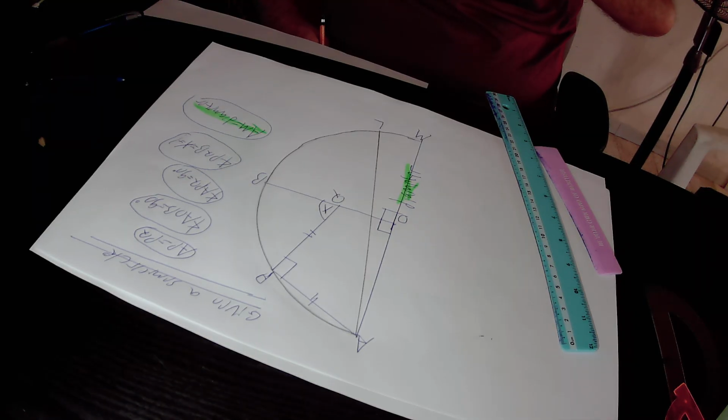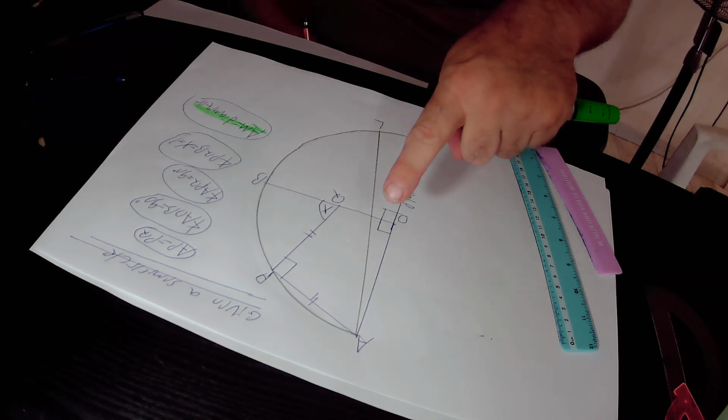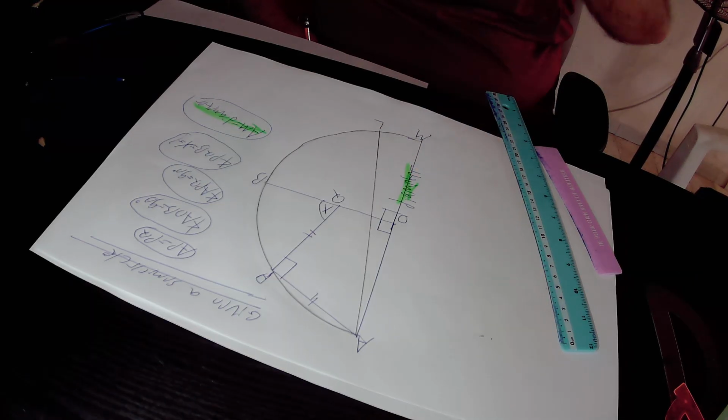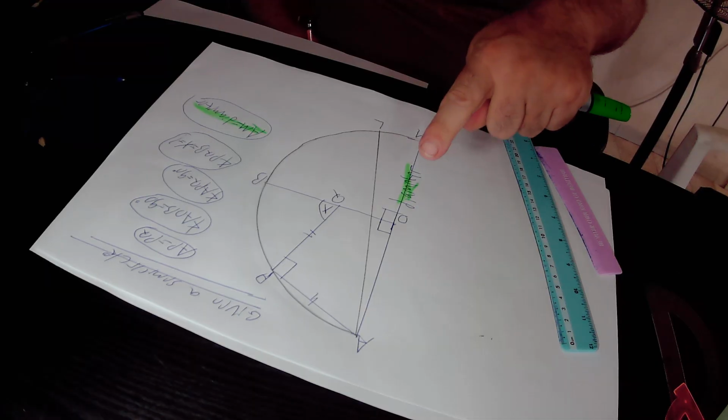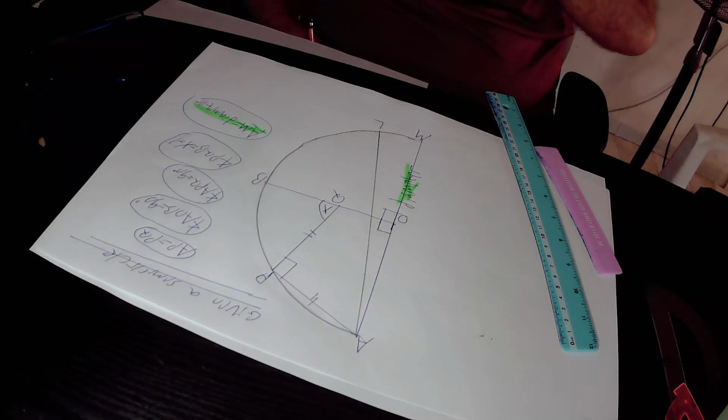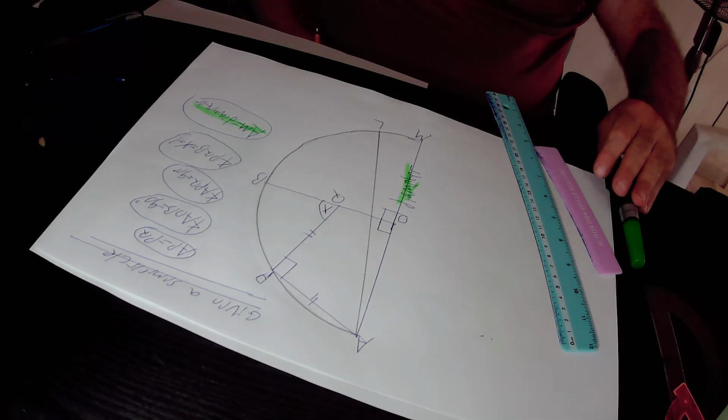And we know that only a chord that passes through the center of the circle or semicircle could be its diameter. Because AL doesn't pass through the center of the semicircle, it cannot be the diameter, and it is a contradiction to rule 5.